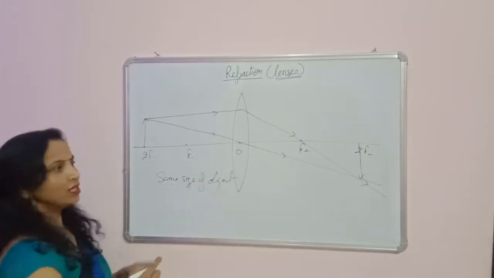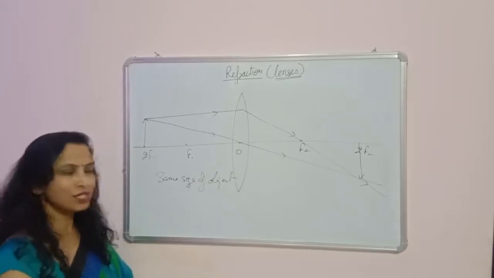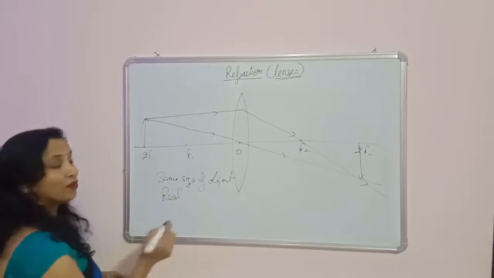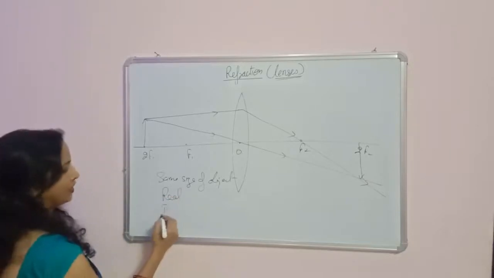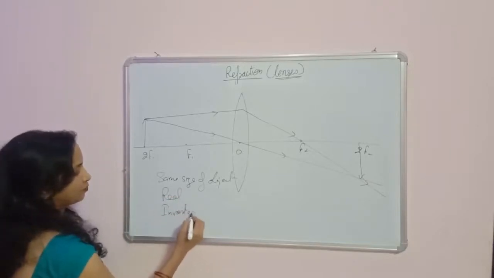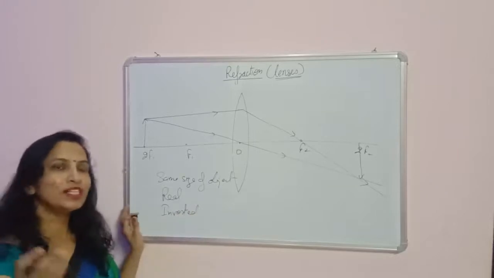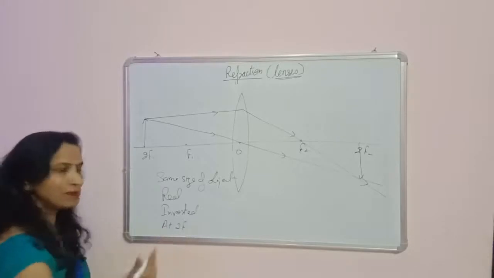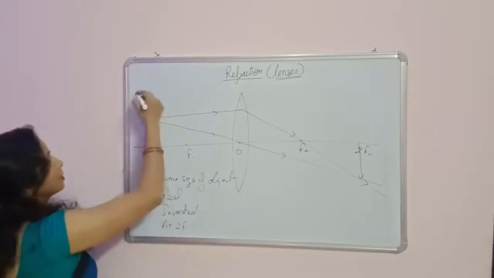Second, the light rays are actually meeting at a point, so we will say it is real. And a real image is always inverted. And what is the position of the image? It is at 2f. Simple. So this is the second case.